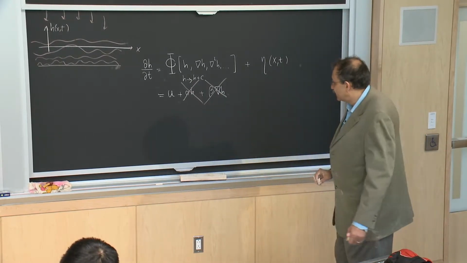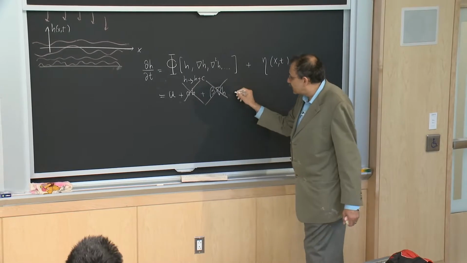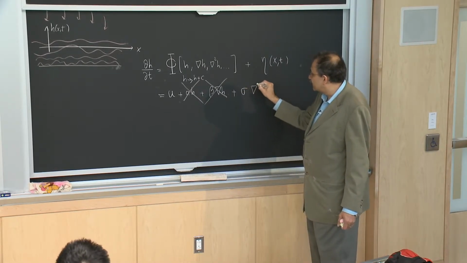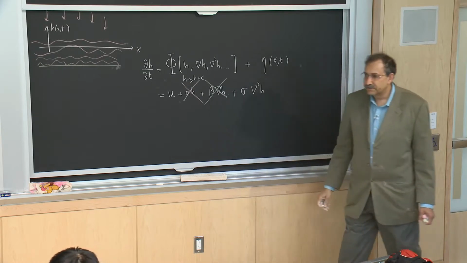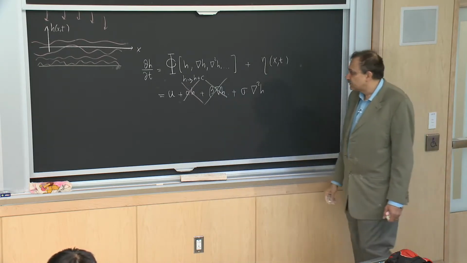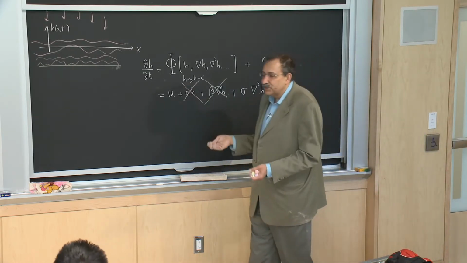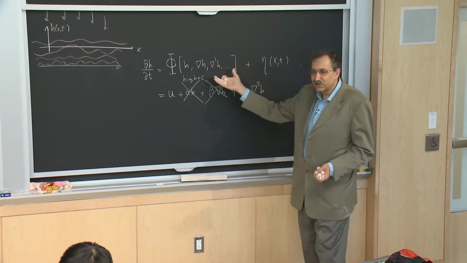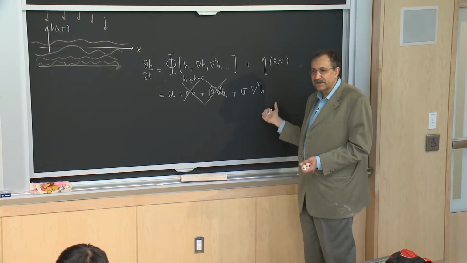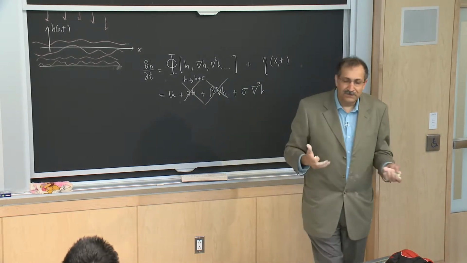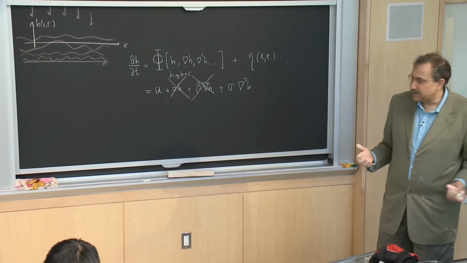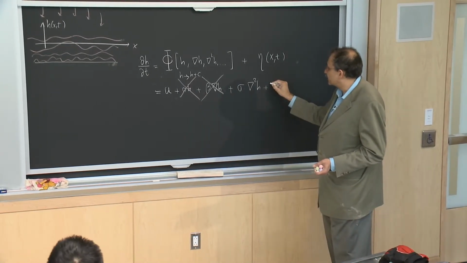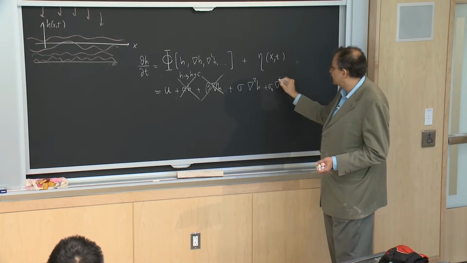Okay? So you can see that if I don't have that, then the next order term that I can have would be something like a Laplacian. So a kind of diffusion equation has to emerge as a low order expansion of something like this. This is the ubiquity of the diffusion equation appearing all over the place. And then you could have terms of the order of a fourth derivative and so forth.